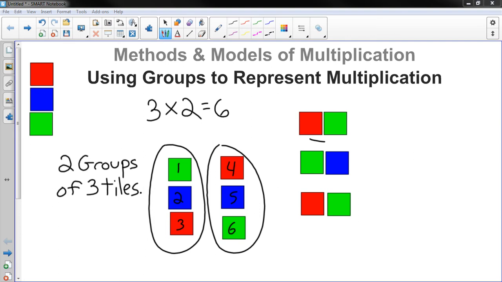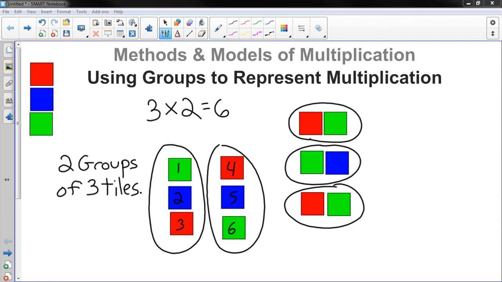So I could have 3 groups, and inside each group there are 2 tiles. So I could have 3 groups of 2 tiles, and that also equals 6 total tiles.